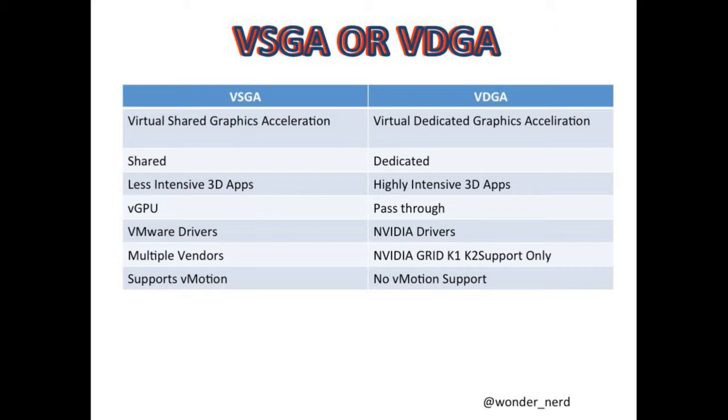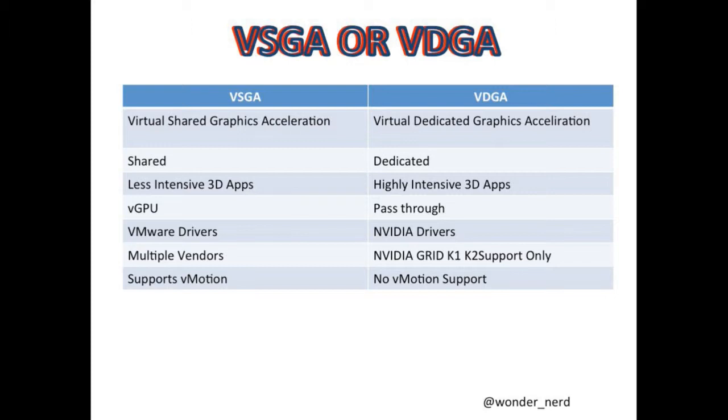With VSGA, you can now start getting a varied selection of graphics cards, including some from AMD and Intel, along with the Nvidia Grid technologies. For VDGA, VMware only supports the Nvidia Grid cards currently for that technology. So you can't go out and get it from other vendors at this time. Stay tuned to VMware for more information on that.